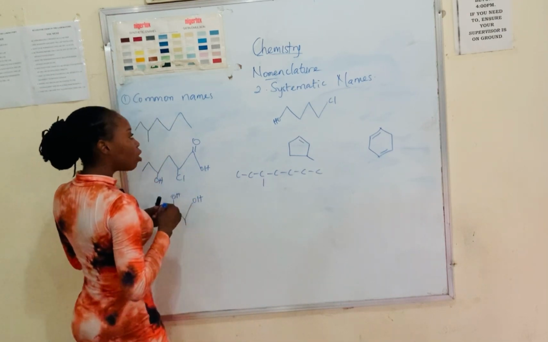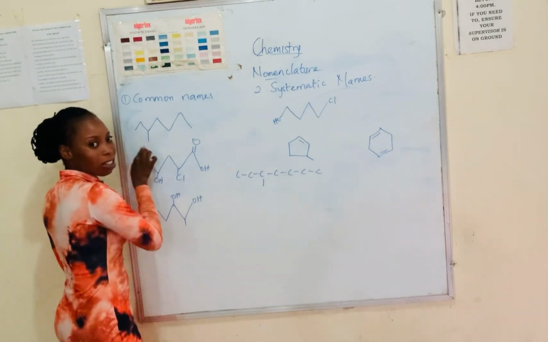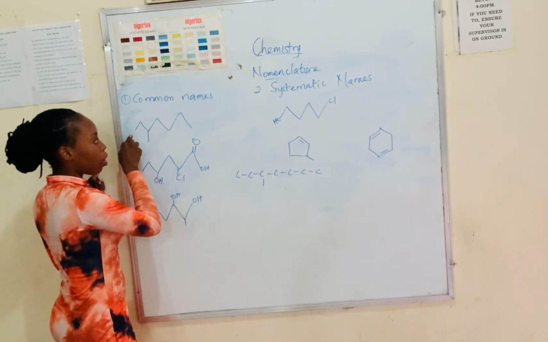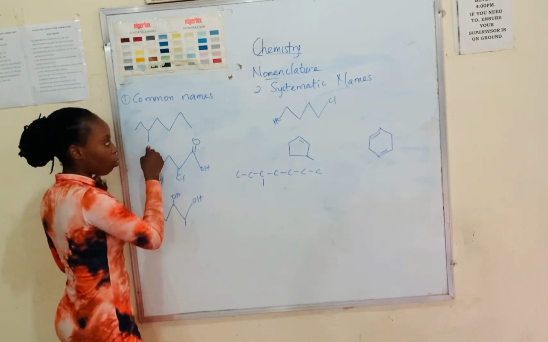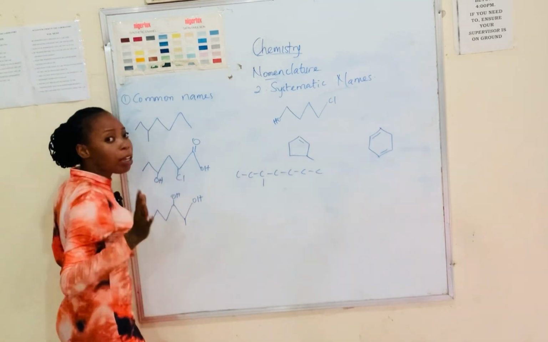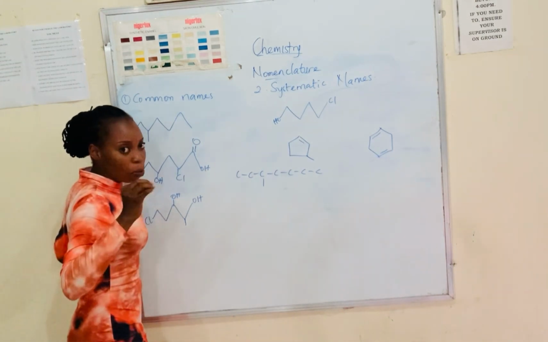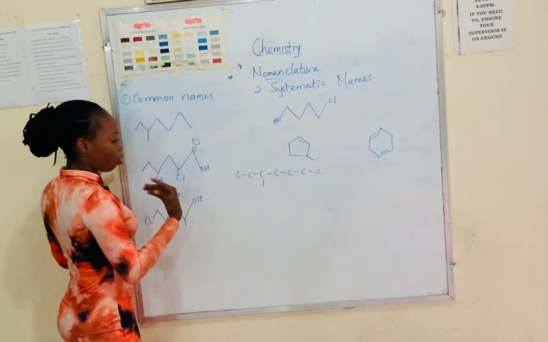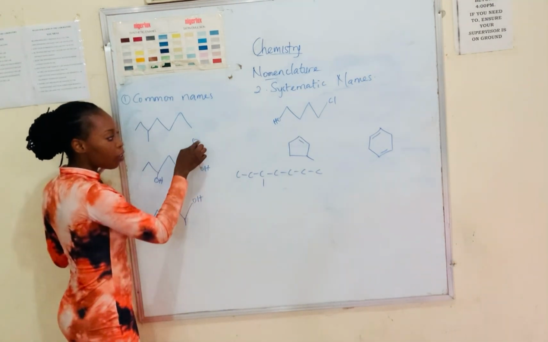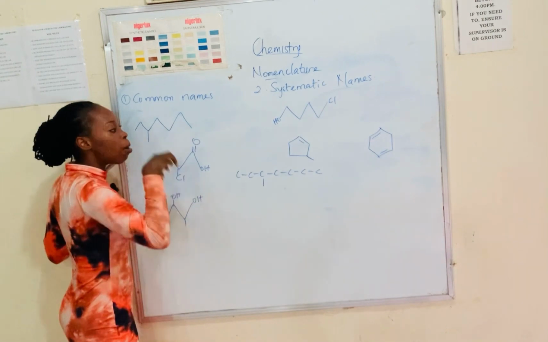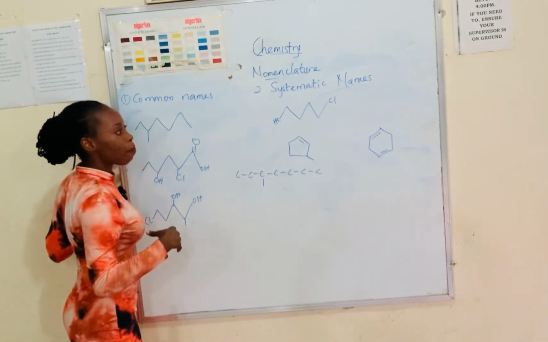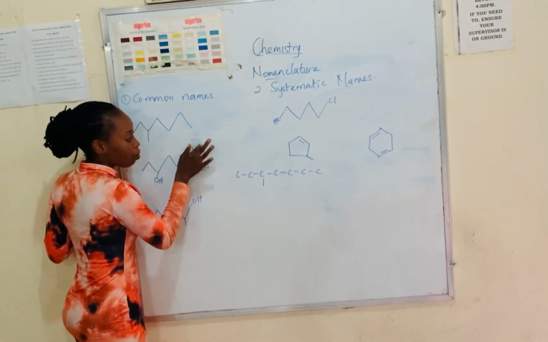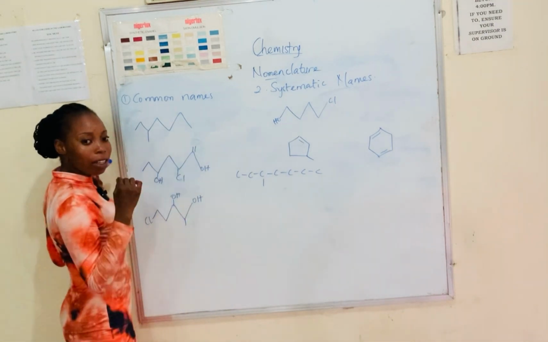So wherever nothing is shown, wherever there is nothing written, you would have a carbon atom. Here there is a carbon atom, there is a carbon atom, there is a carbon atom. Unlike if it will not be a carbon atom, then whatever is there will be written. Do you understand? For instance, if it is a hydrogen atom, you would have the hydrogen written. If it is oxygen, you have the oxygen written. But if it is not written, that means that there is a carbon atom. For instance, if there is nothing here, that means that there is a carbon atom.